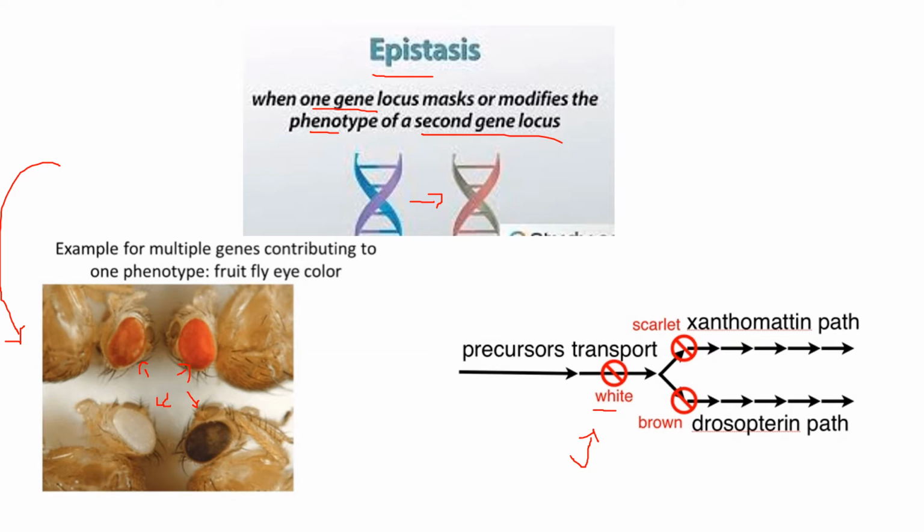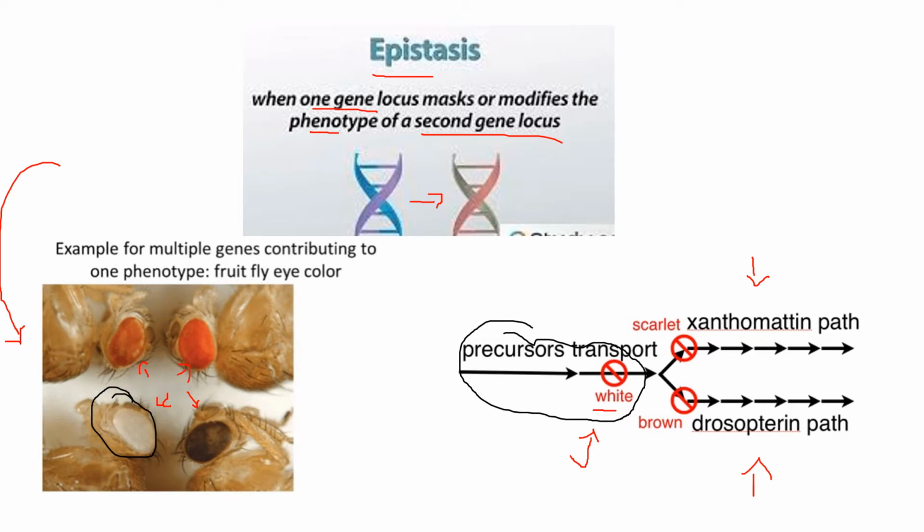There will be two pigments that interact to produce the eye color. So if you have a normal eye color, you have a reddish pigment and you have a brownish pigment. When you affect the pathway in the beginning, what you get is the white eye.